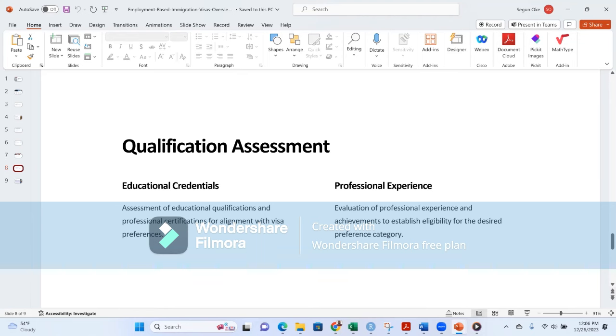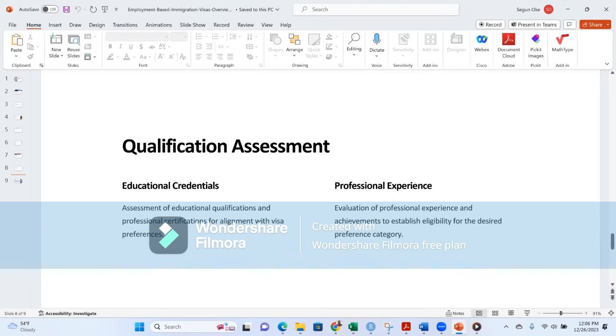So it's always advisable to do course by course, or if you don't want to go into academics, you can do your highest degree. The choice is yours. It all depends on what you want to do with it. So then professional experience, that is evaluation of professional experience and achievement to establish eligibility.